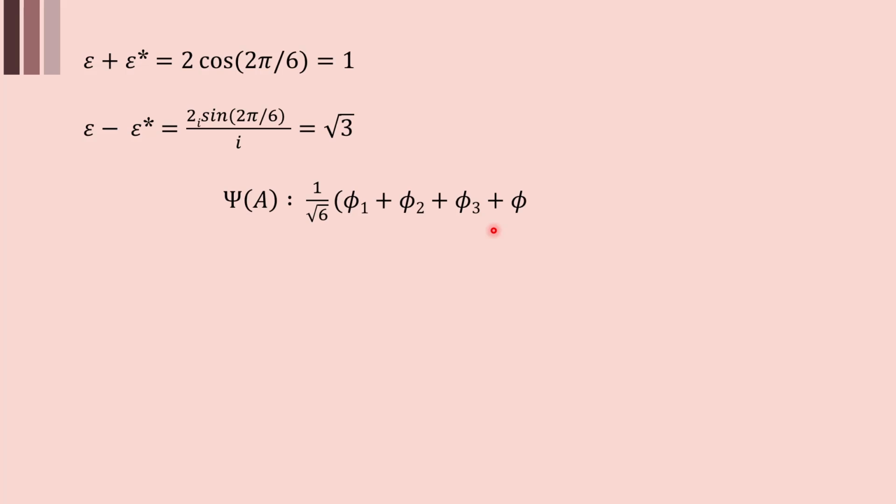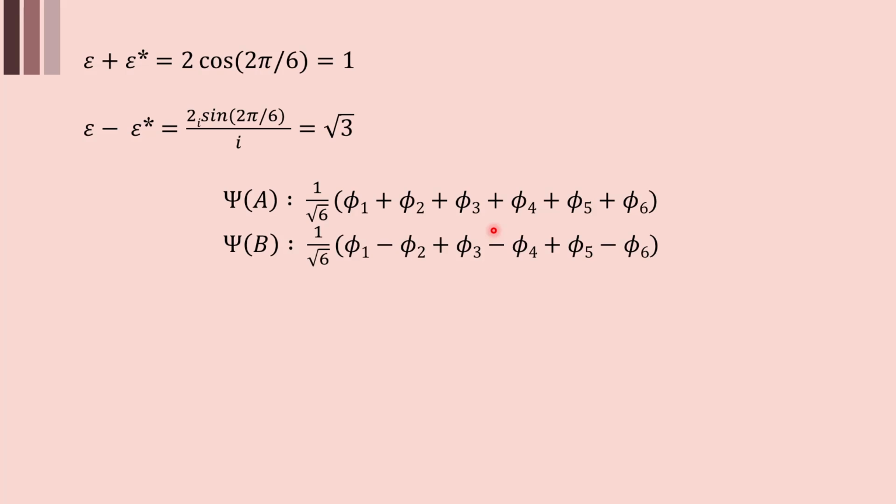For psi A, of course, all the wave functions are positive: phi 1 plus phi 2 plus phi 3 plus phi 4 plus phi 5 plus phi 6, and its normalized form would be 1 by root 6. For B, it is plus and minus going alternately, so again it is 1 by root 6. As far as E1A is concerned, that becomes 1 by root 12, as we have seen. That carries a complex value. So 2 phi 1 plus phi 2 minus phi 3 minus 2 phi 4 minus phi 5 plus phi 6.